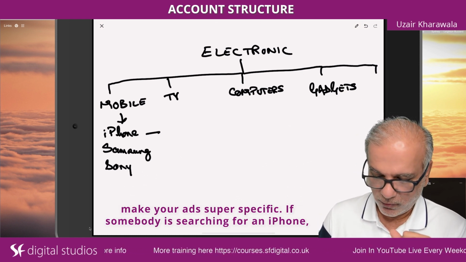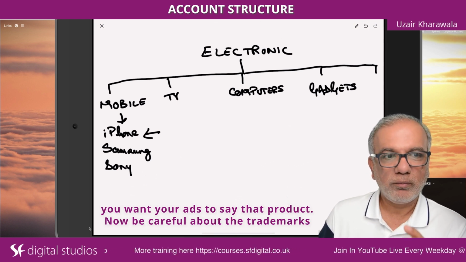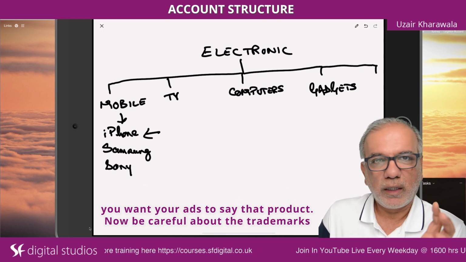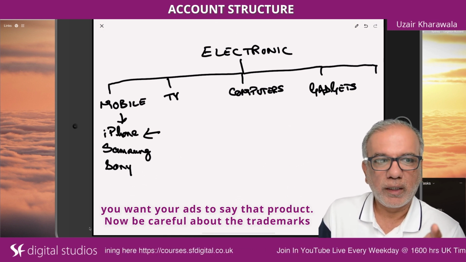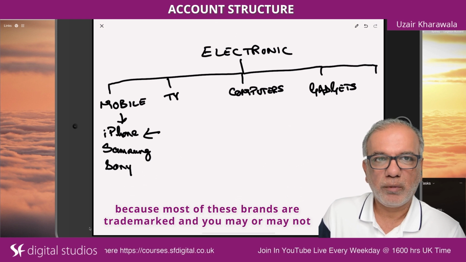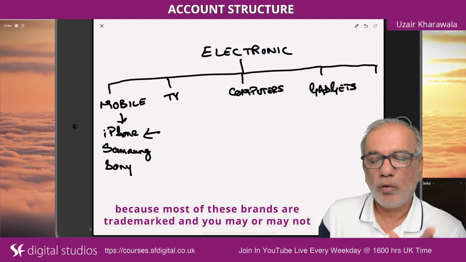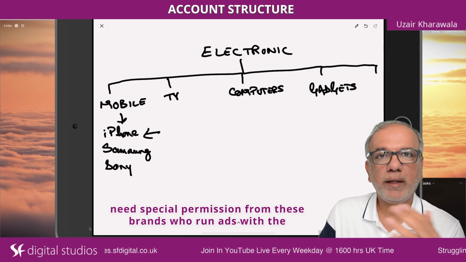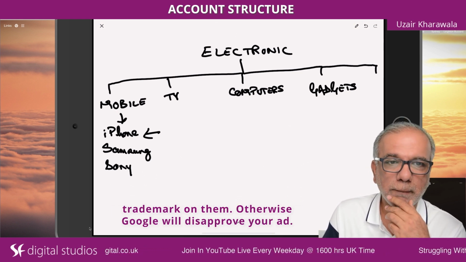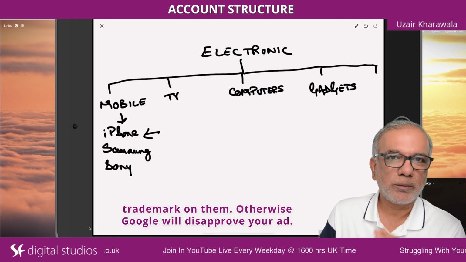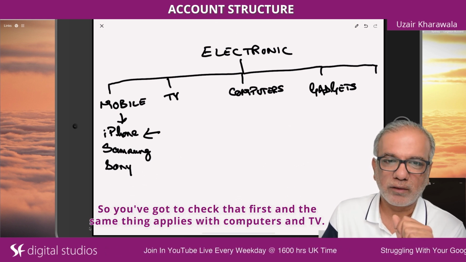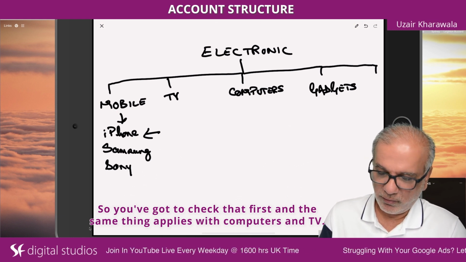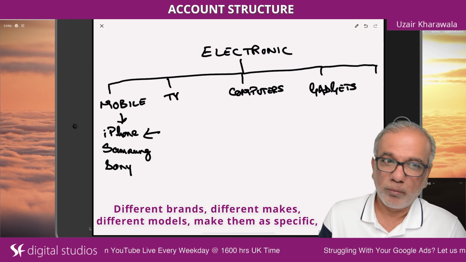If somebody is searching for an iPhone, you want your ads to say that product. Now be careful about the trademarks, because most of these brands are trademarked and you may or may not need special permission from these brands to run ads with the trademark on them. Otherwise Google will disapprove your ads, so you got to check that first. And the same thing applies with computers and TV, different brands, different makes, different models.